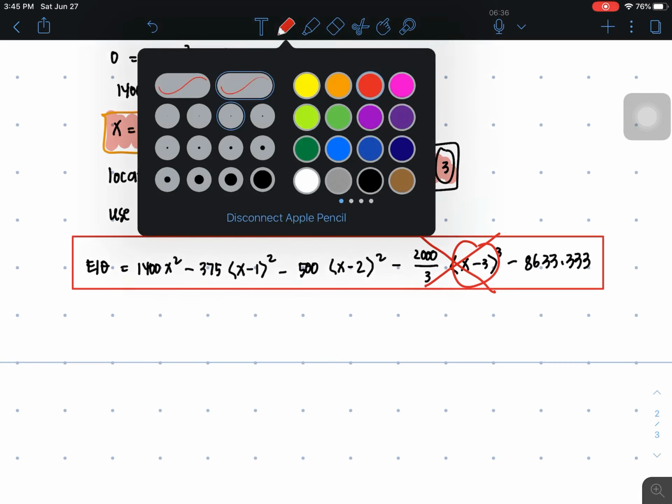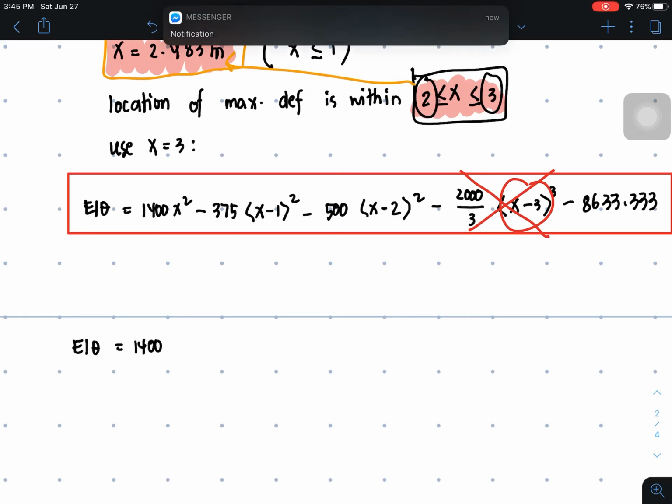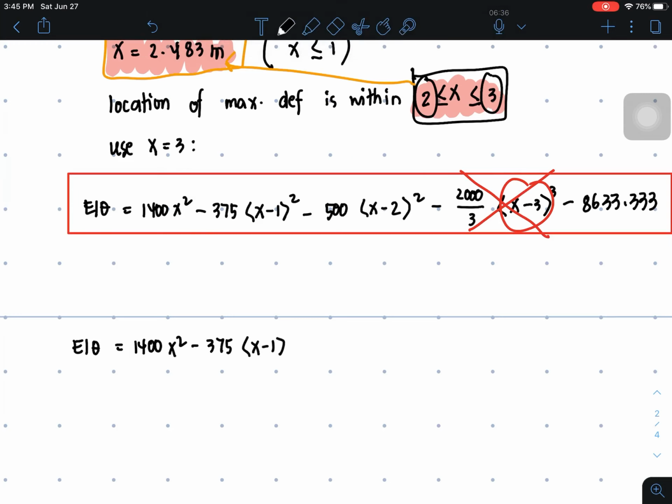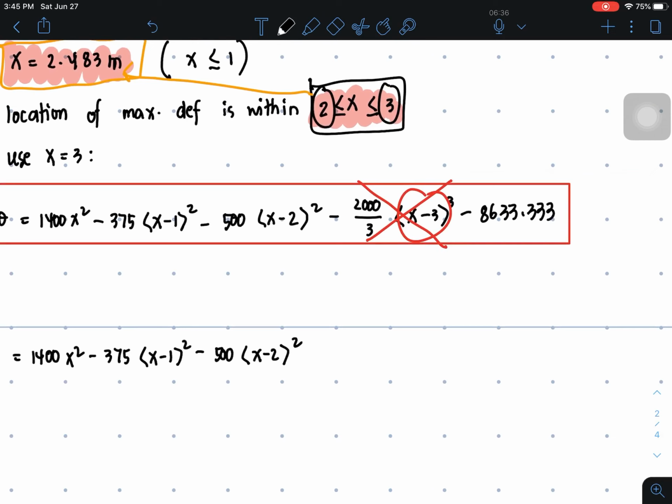We have EI theta equal to 1400 over 2 times x squared minus 375 x minus 1 square minus 500 x minus 2 square, and it doesn't include the other term, then minus 8633.333.